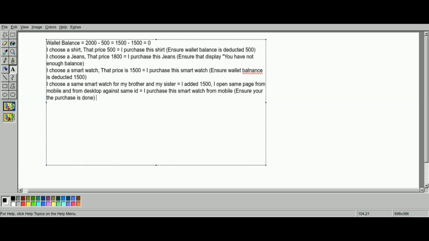Okay. So my desktop opens the same ID. Okay. Now I will purchase from desktop the same smartwatch against the wallet balance.